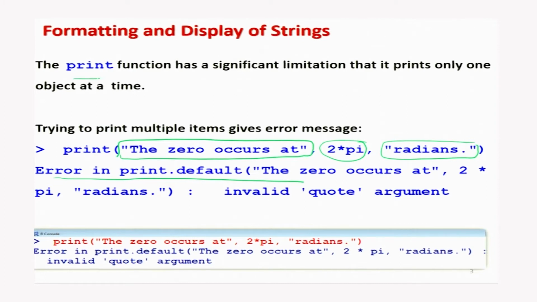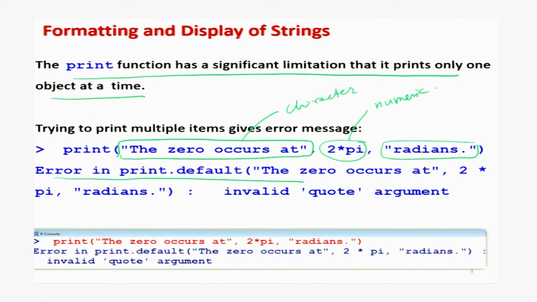The print function has a significant limitation: it prints only one object at a time. And here you have a character and a numeric, and you want to print both of them together. So the question is how to do it. The first option is that I can bring the print command at various places wherever we have character and numeric.